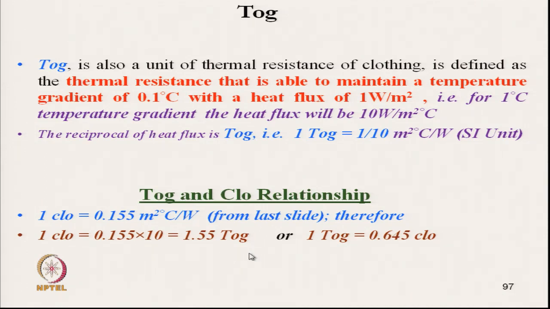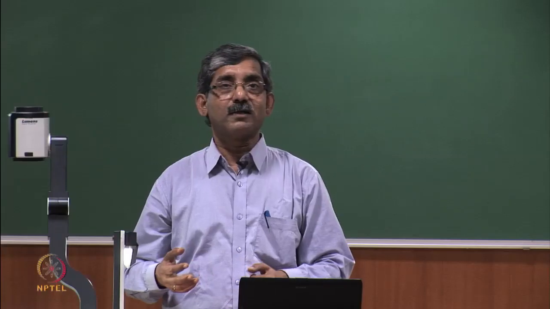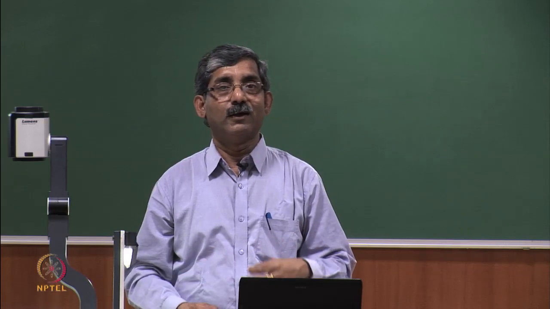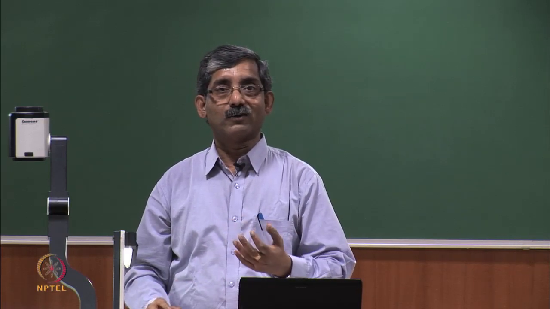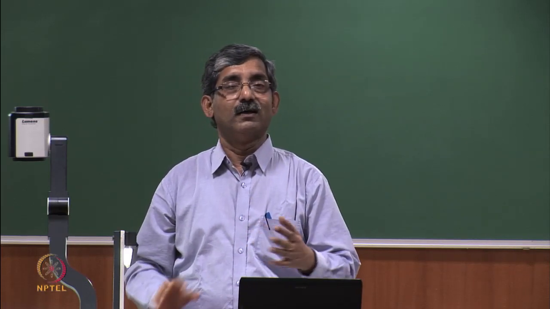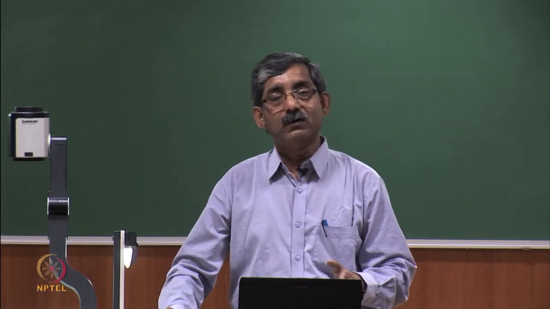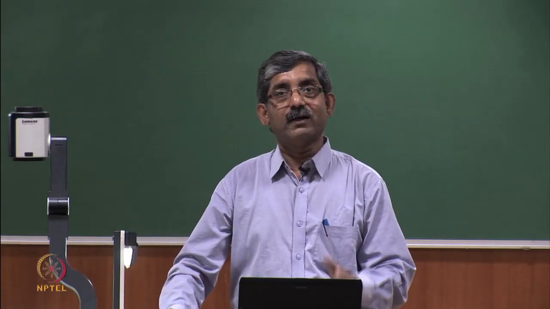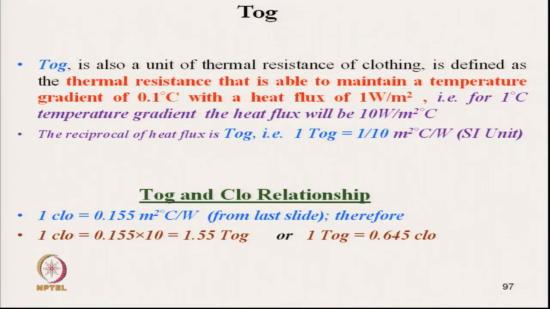So, here we can derive the relationship between met, clo and tog. We have understood this relationship. Now, we will discuss different measurement techniques, where we will use all these units for better understanding.